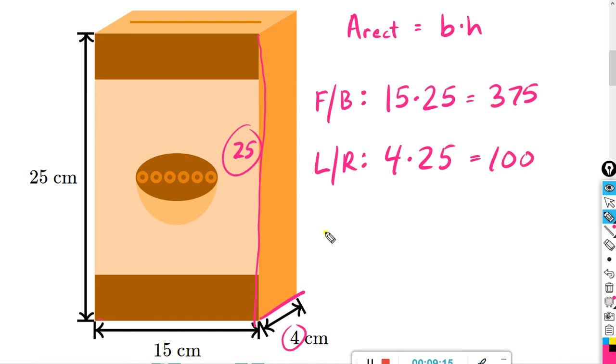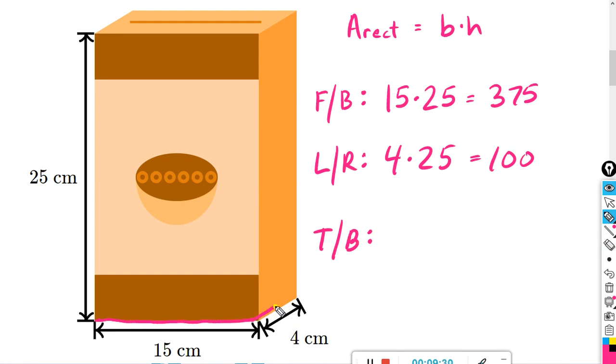Front, back, left, right, and finally top, bottom. On the bottom, we see the dimensions. It's going to be 15 times 4. And that equals 60.